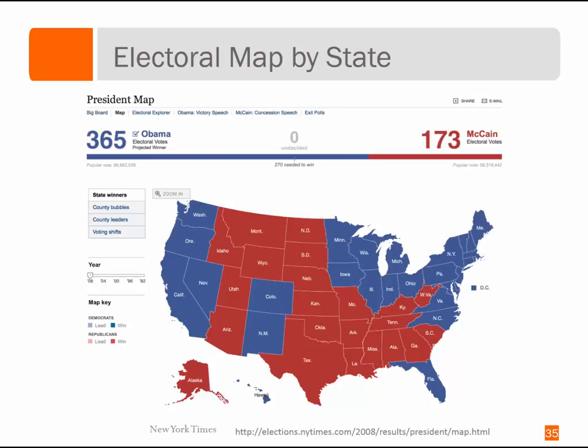However, when we look up at the electoral vote totals, it's basically a landslide. Barack Obama picked up 365 electoral votes, which is a proxy for the population.